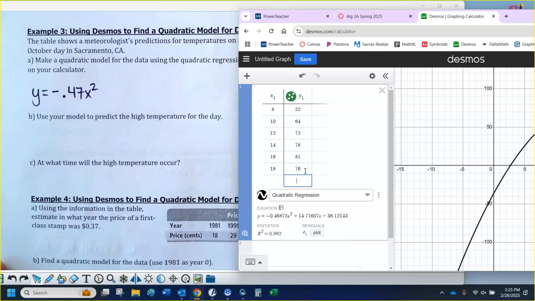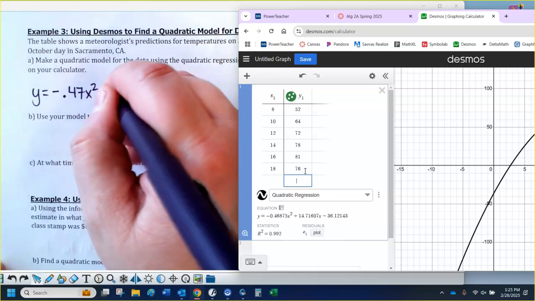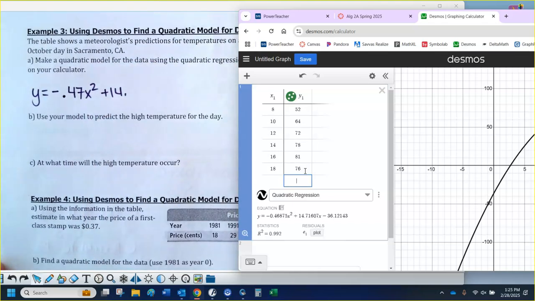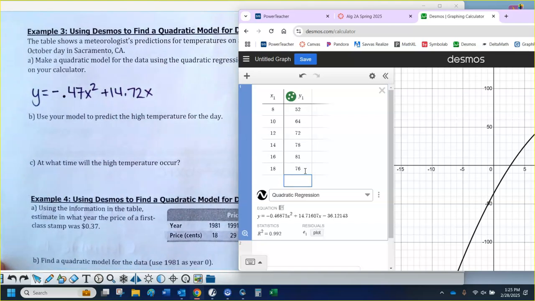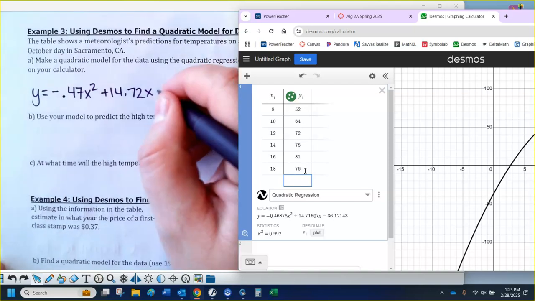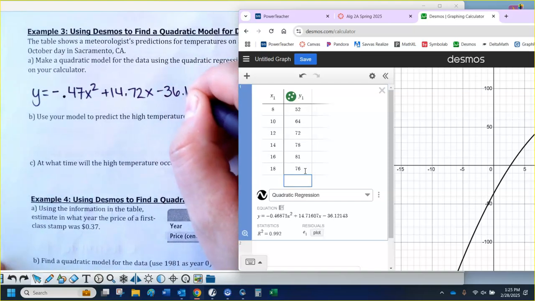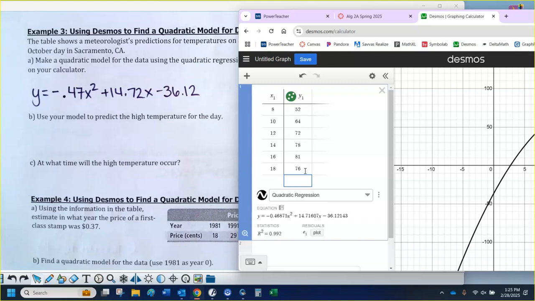And then I'm going to do plus 14.72, I'm just doing 2 decimal places. And then minus 36.12. So that would be a parabola that really well estimates what we've got going on in that set of data values.